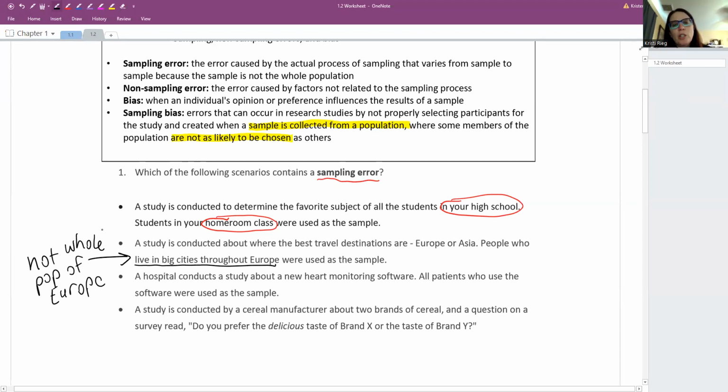So issues could arise. I'm trying to read the definition, that an error is caused by the actual process. Errors could arise even if you choose a very representative sample of people who live in big cities. You're not asking every single person who lives in a big city, and you're certainly not asking every single person who lives in Europe. So this is a sampling error.